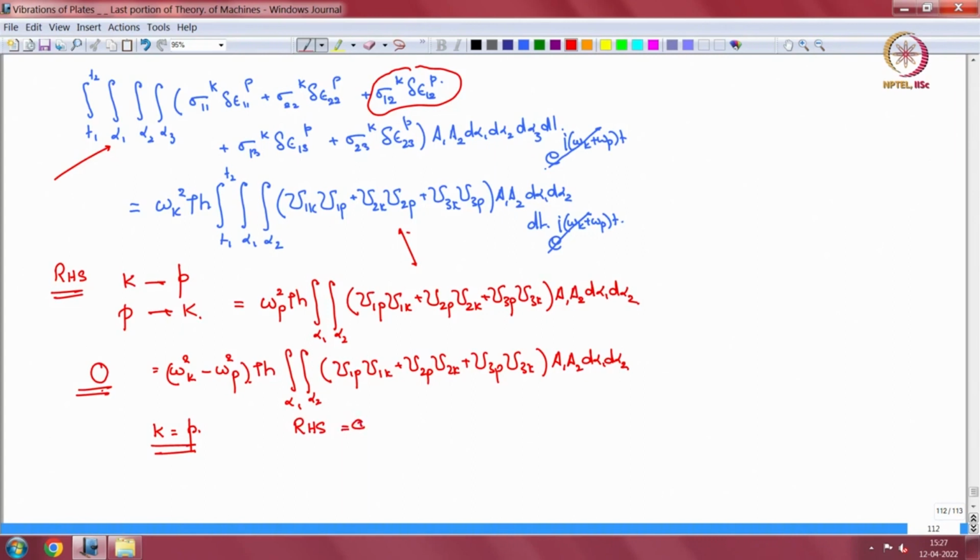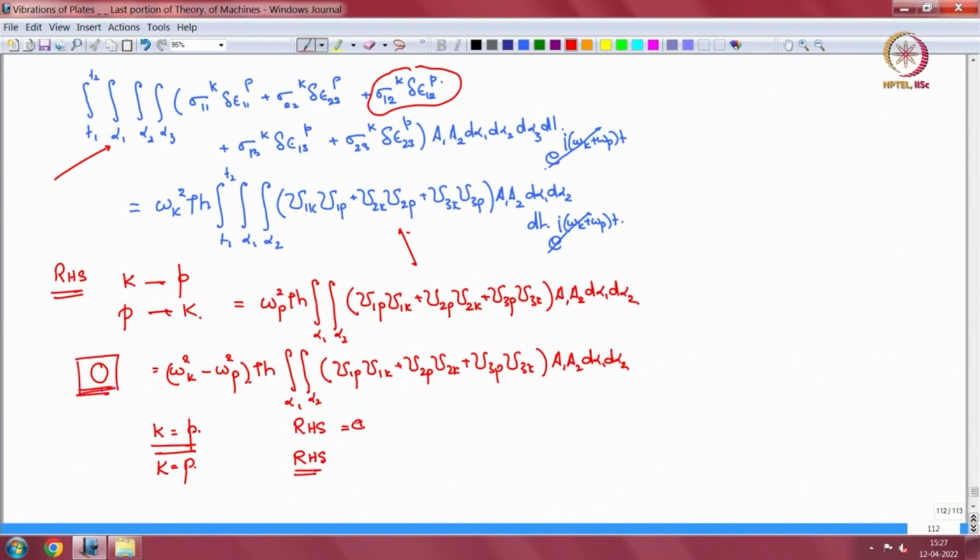However, when k is not equal to p, then also the right hand side is 0, because that is what the left side is saying.